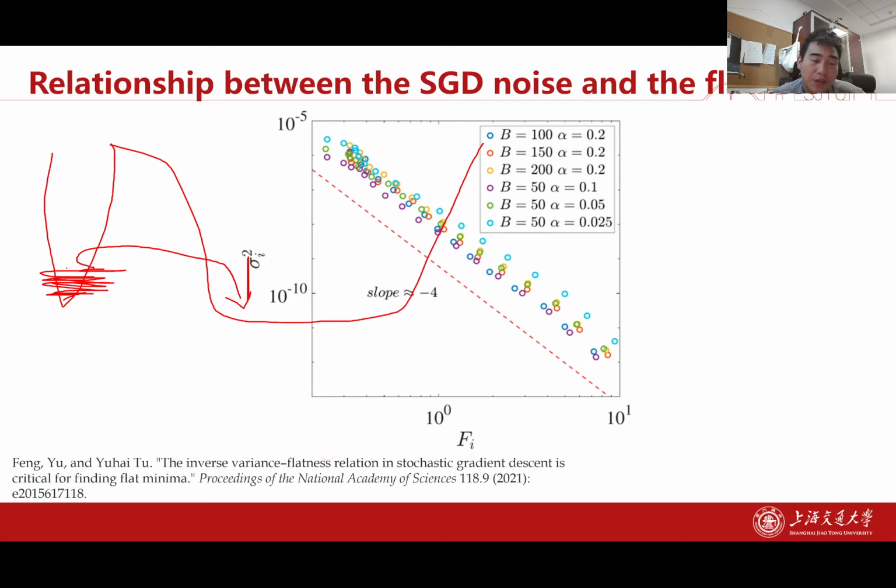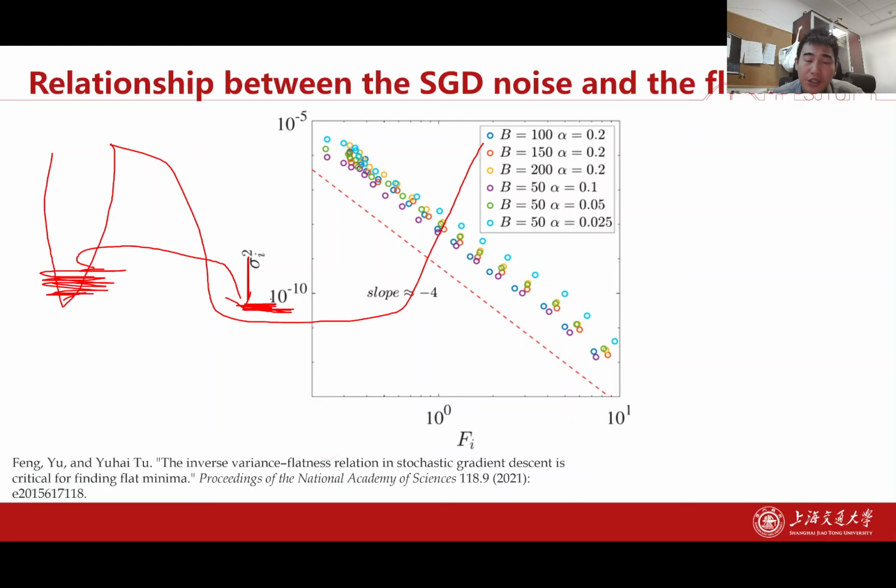You cannot stably stay here, so you will jump to a flat place. Basically, this experiment tells us that in a sharper place the noise will be larger, and in a flatter place the noise is small, so you will most likely stay in this flat region.